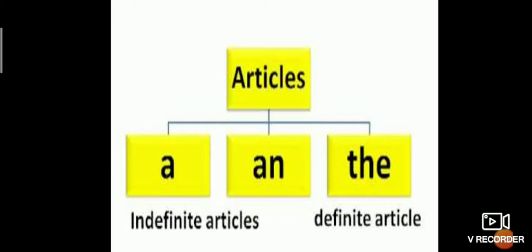So your a and an, they come in indefinite articles, meaning the articles which do not point at any particular person, thing or animal. And the is called the definite article, which indicates a particular thing, a particular object or a particular person. Clear? So now we'll study about indefinite articles and definite articles.